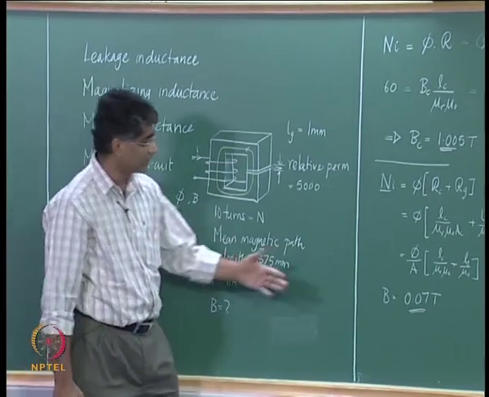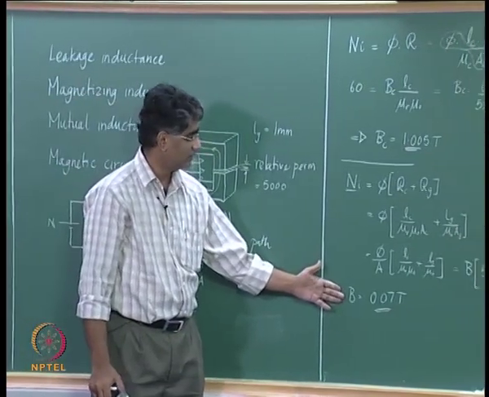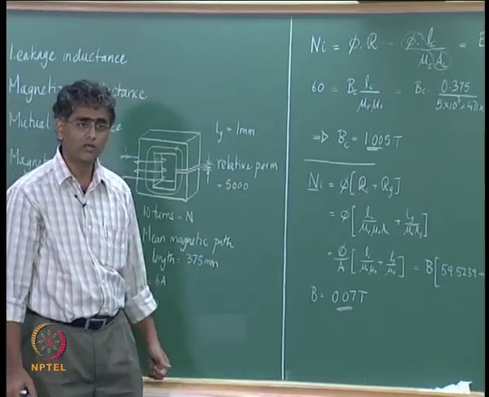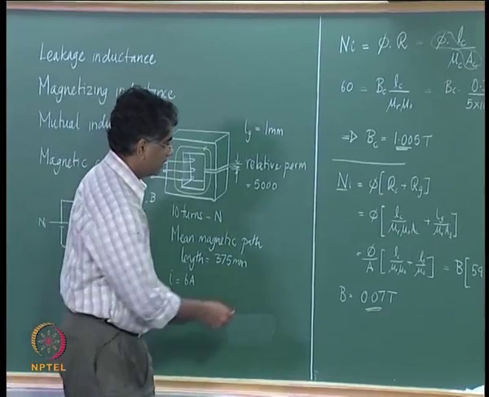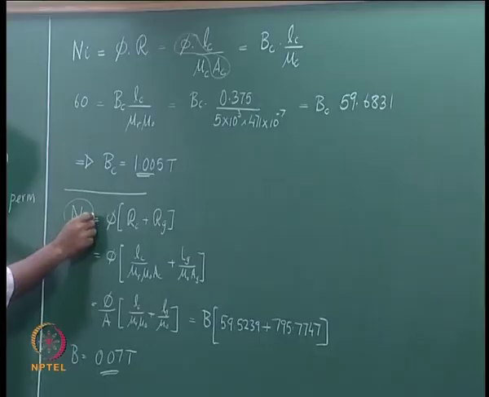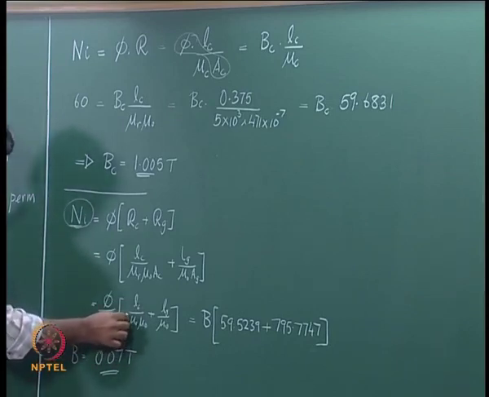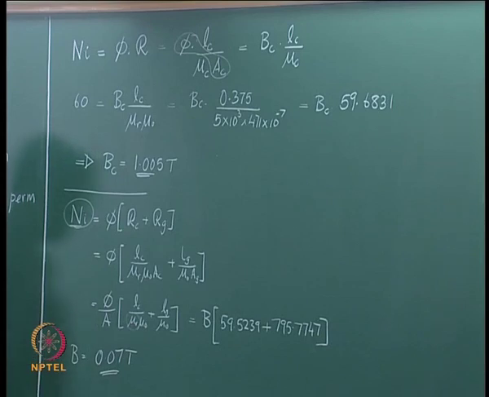How will you now increase this level, this B here, to the same levels as it was earlier? The way to do it would be to increase N into I. You can't do much with this. Even if you are going to increase the value of mu naught, mu r, it is not going to help, because this number is going to swamp out whatever you do here, right.